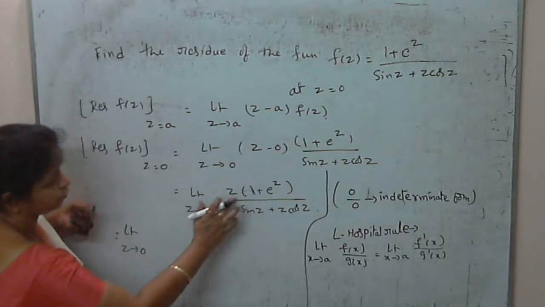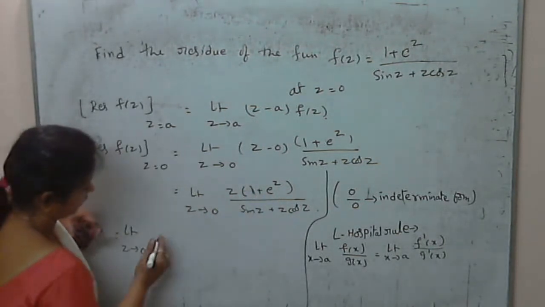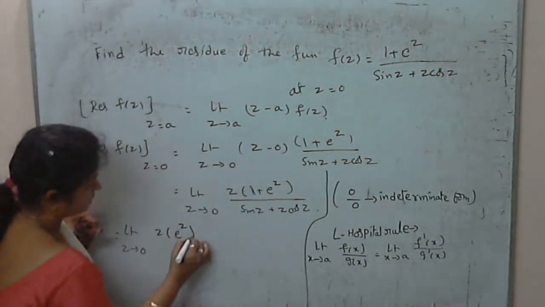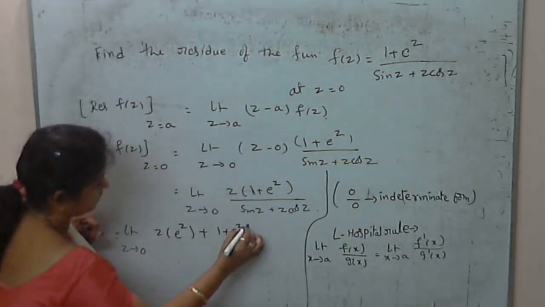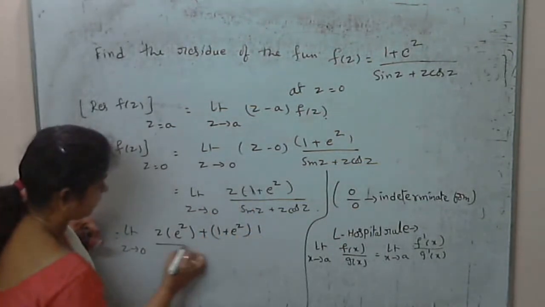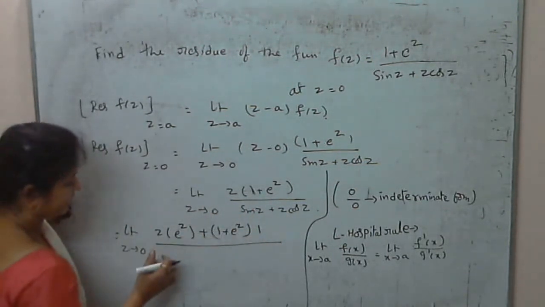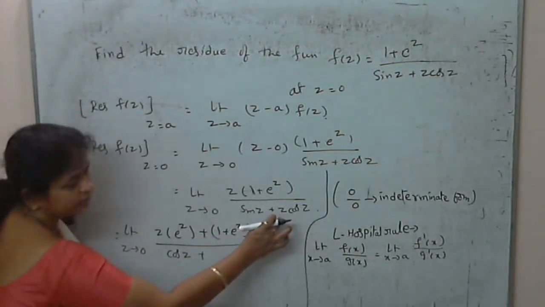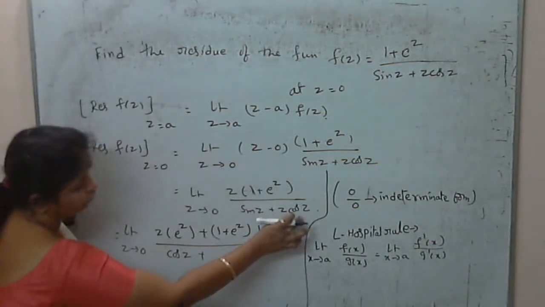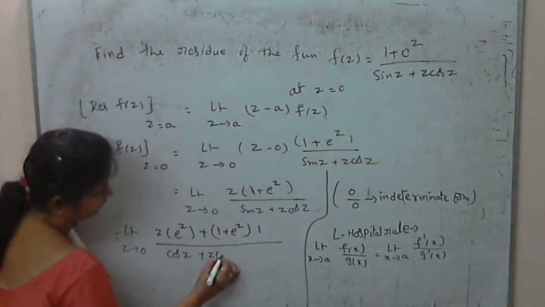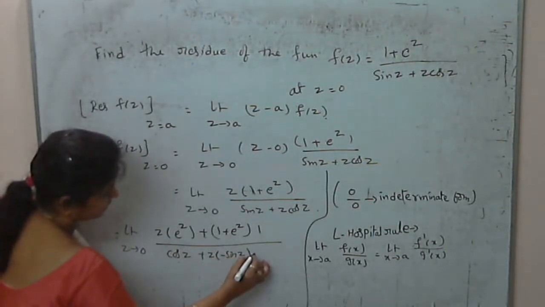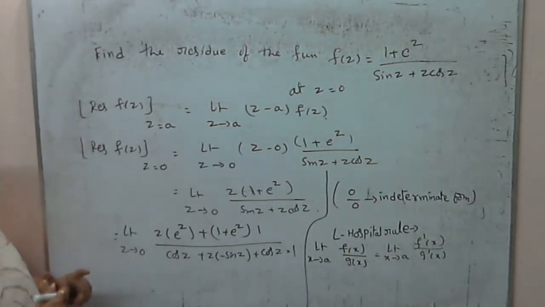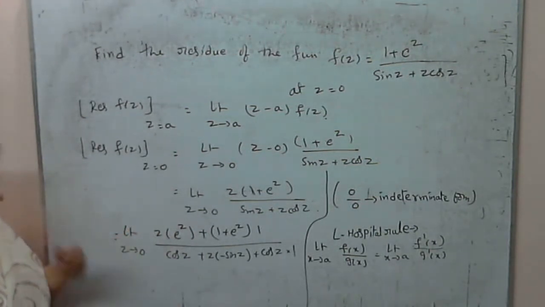On the differentiation of numerator, there are two terms u v: z into the derivative of 1 is 0, e power z, plus 1 plus e power z into derivative of z is 1. By sin z, derivative of sin z is cos z, plus, now there are two terms u v, z into cos z: z into derivative of cos z is minus sin z, plus cos z into 1.